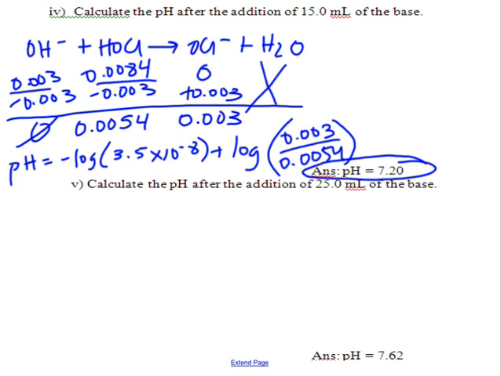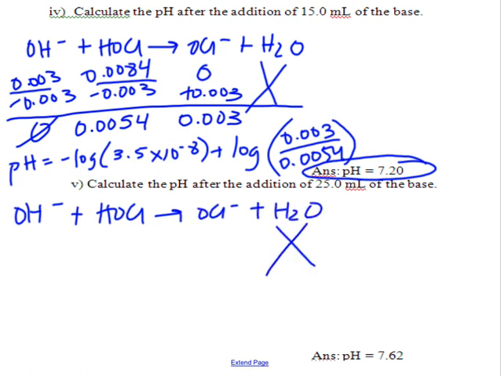All right. Ready to move on again. Now we're going to add 25 mL of base. So again, we still have the set number of acid moles. And this time it's 0.025 times 0.2. So this is 0.005, right?